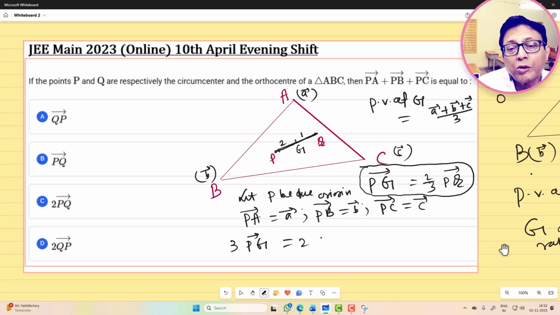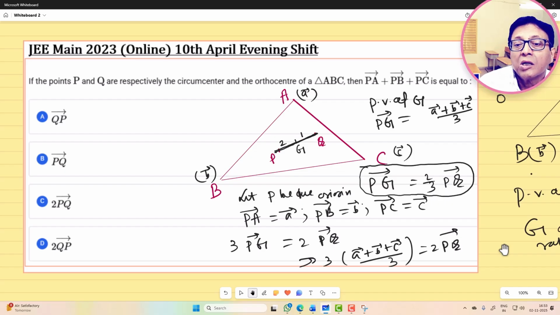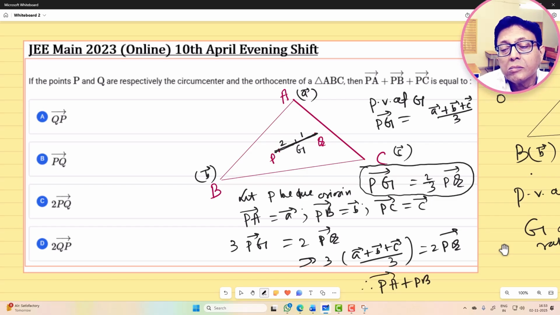3 into PG equals 2 into PQ. But PG is what? That is the position vector of G. We have taken P as the origin, so PG will be there. So this implies 3 into (A plus B plus C) by 3 equals 2 into PQ. This much we know. Now A is what? The vector from P. So therefore PA plus PB plus PC equals 2PQ.